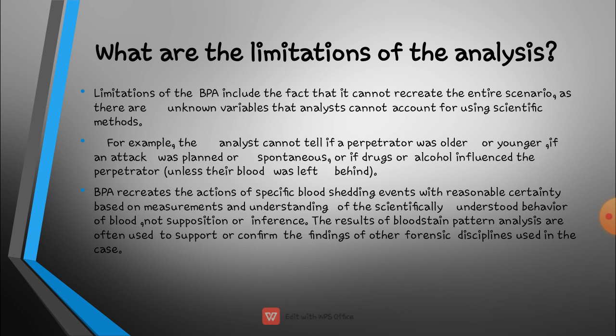We also cannot know whether the attack was planned or spontaneous. We don't know what was running in the mind of the attacker. We also don't know if drugs or alcohol influenced the perpetrator, unless the blood was left behind. If the blood of the attacker was left behind, we can find the answer to the last question.